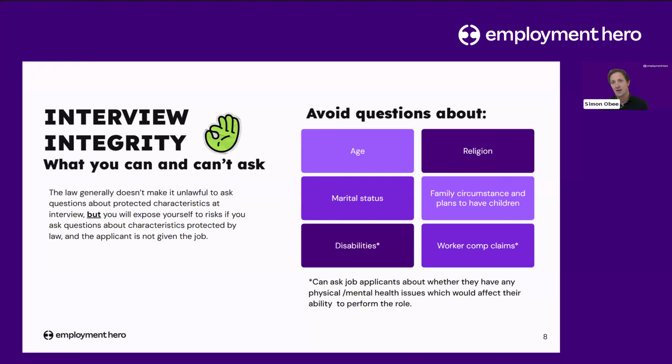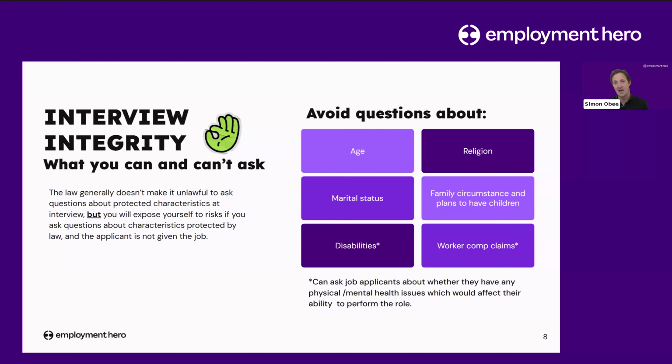The other thing I would point out is that it is often a good idea to make inquiries about whether someone has any mental or physical health issues which are going to affect their ability to perform a role. It's perfectly lawful to ask questions about that, but it is much better to phrase those questions making it clear that you're only interested in health issues that are relevant to the role being performed, rather than just an open question, do you have a disability?